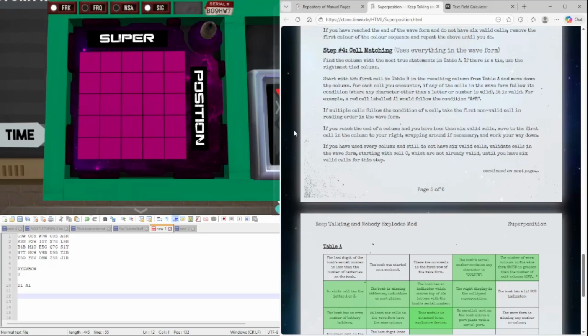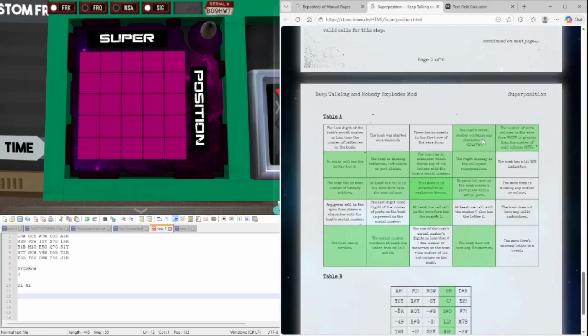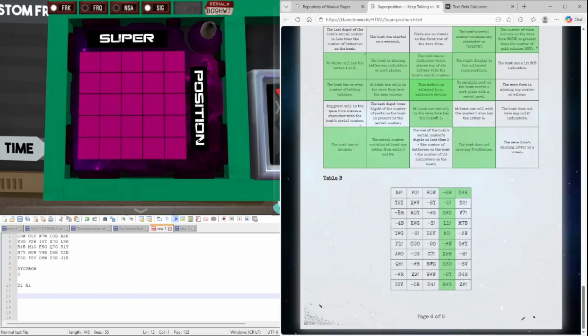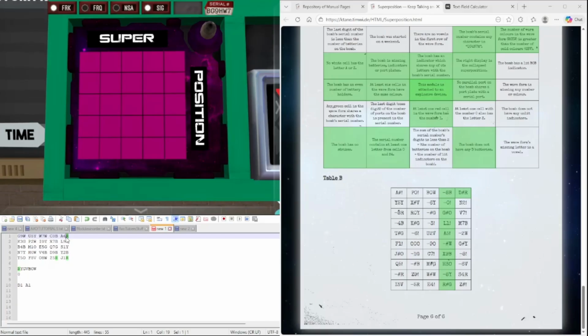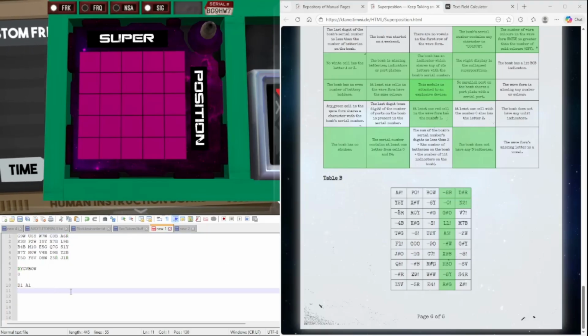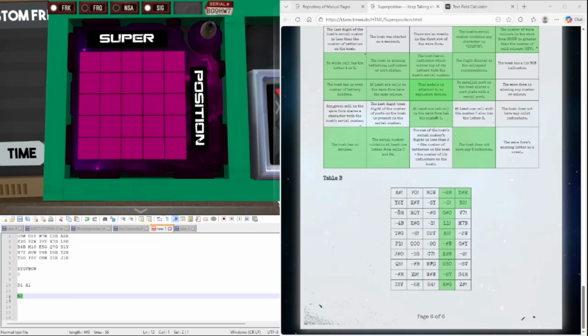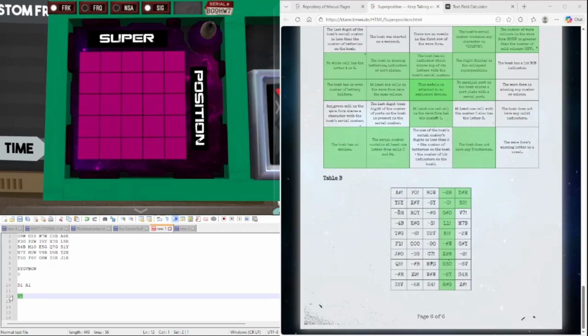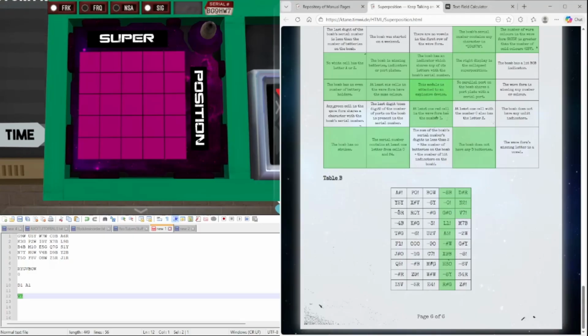So the first cell in the column to your right, D blank R. No. N2. No. V7. No. M7B.